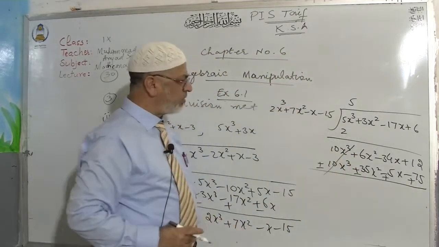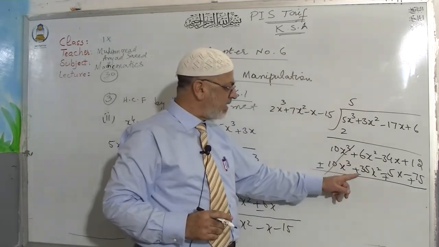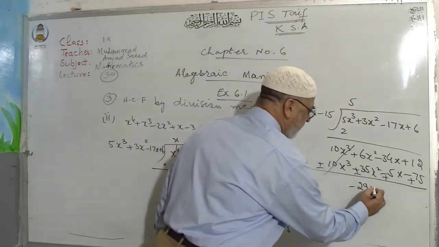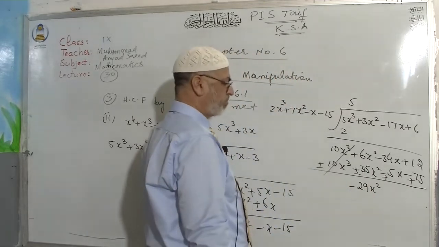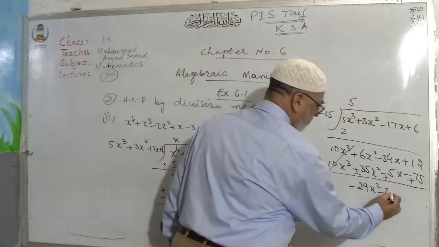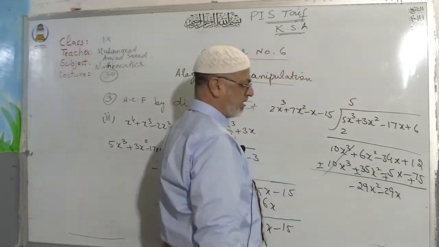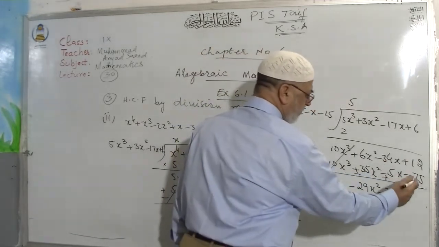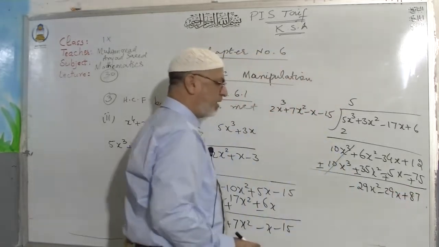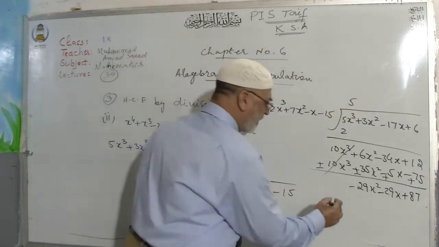They will cancel out. 6x^2 minus 35x^2 is minus 29x^2. Minus 34 plus 5 is minus 29x. Plus 12 and plus 75 will be 87. Dear students, from here you can check.